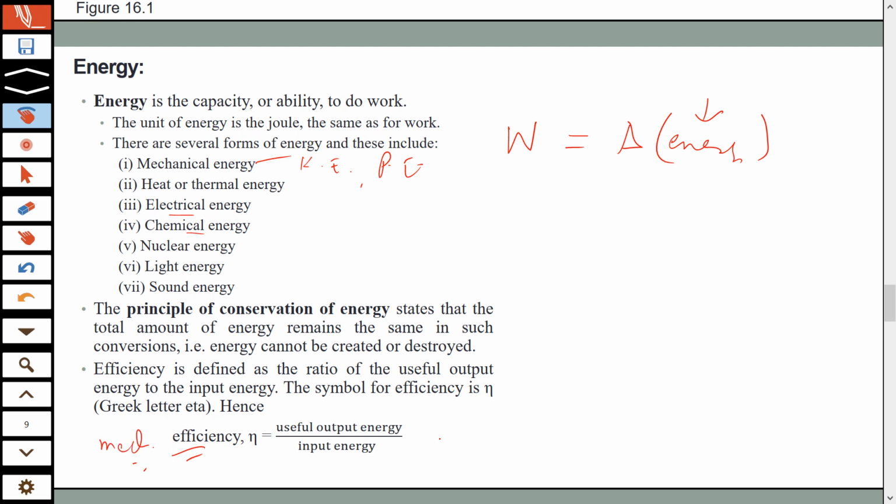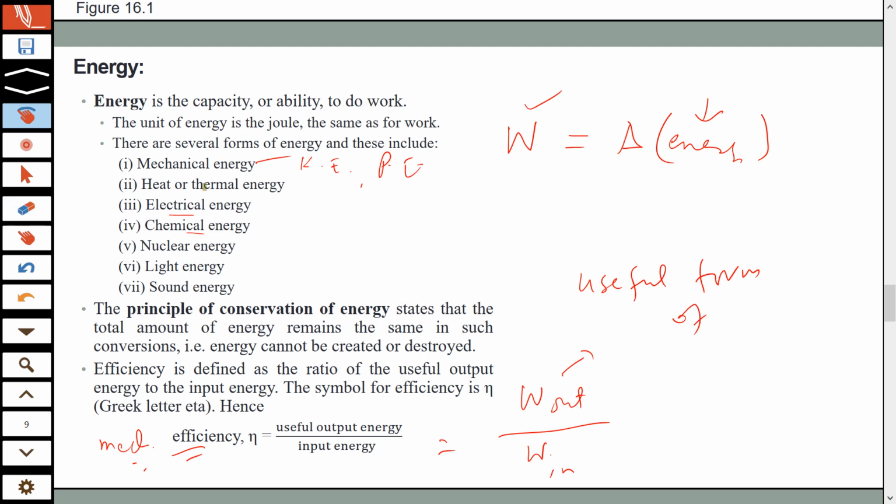And mechanical efficiency, you simply check the ratio of work output and work input. Work output by the system and work input to the system. And I use work because work is the useful form of energy.